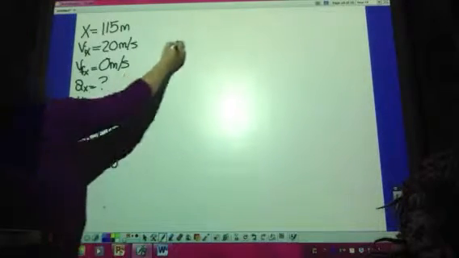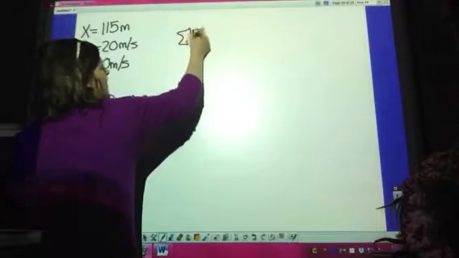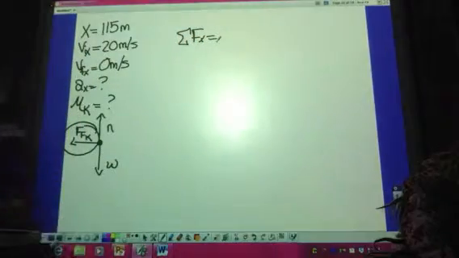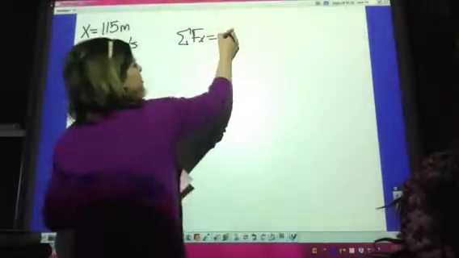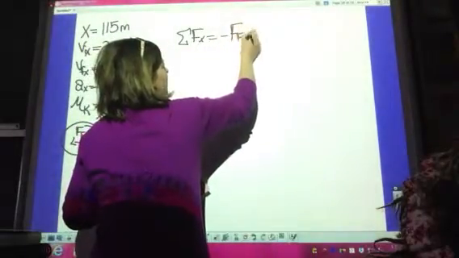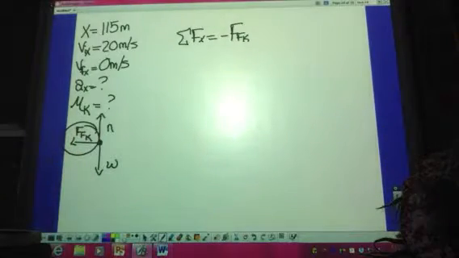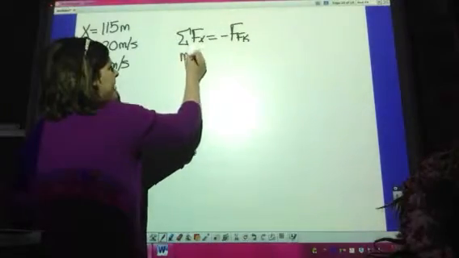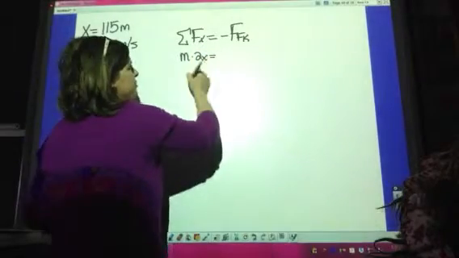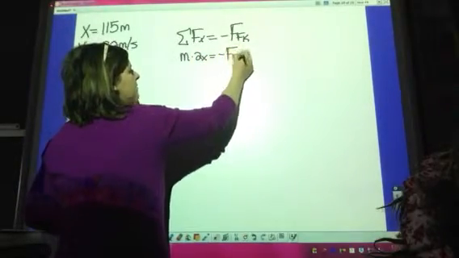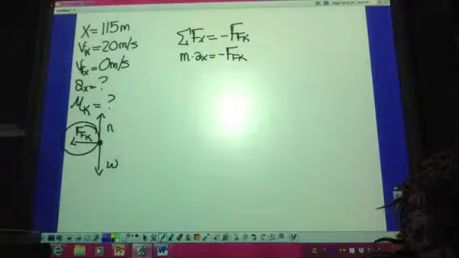So then that means that my sum, my net force, my sum of the forces in the x direction is just equal to a negative force of kinetic friction. And I know it's accelerating, so it's not equal to 0. I know it's equal to mass times acceleration in the x direction equals my negative force of kinetic friction here.